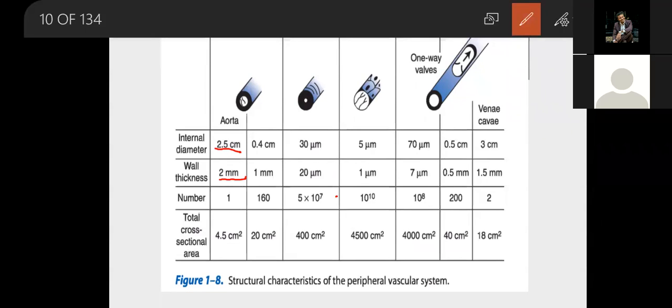It's here in the arterioles, or I think, yeah, it's in the arterioles, not the capillaries. So the total cross-sectional area, it's higher where? In the arterioles, in the capillaries. And the total amount of blood found where? In the veins. Venous system contain the highest volume of the blood in this circuit.